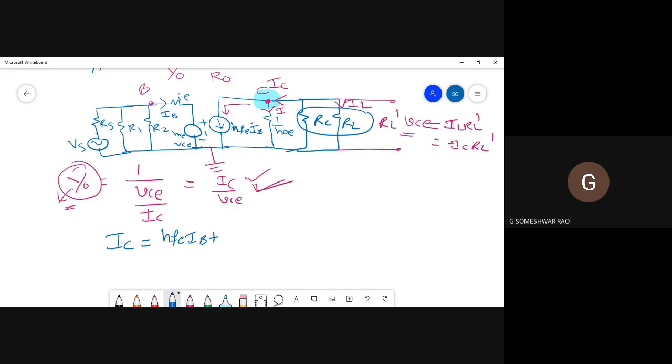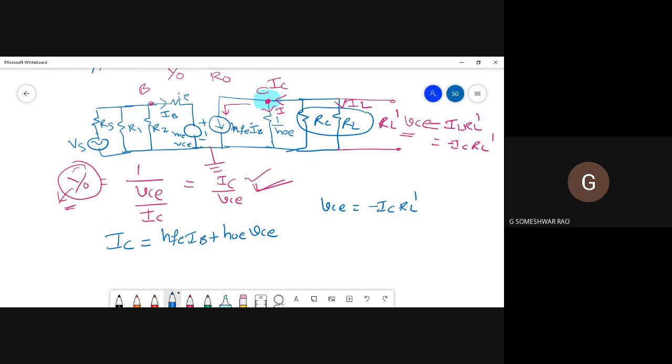When you are solving the current gain, we come across this expression: HOE into VCE. When we derived the current gain, we derived this expression. Am I correct or not? Yes, sir. What is VCE in turn? VCE is nothing but IC into R dash. Substitute in this formula or else keep it as it is.